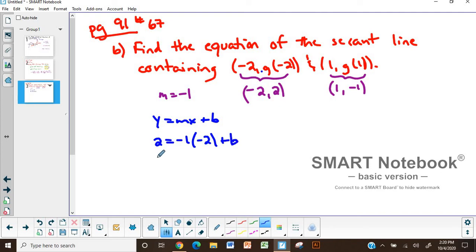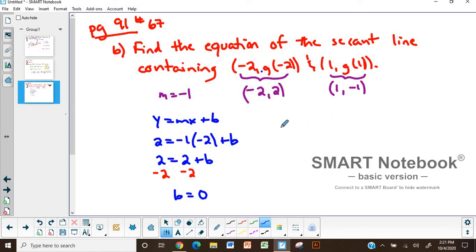So if we simplify the right side, we get 2 equals negative 1 times negative 2 is positive 2, plus b. So we get 2 equals 2 plus b, and then subtracting 2 from both sides, we get a value of b to be 0. So our y-intercept is basically at the origin here.